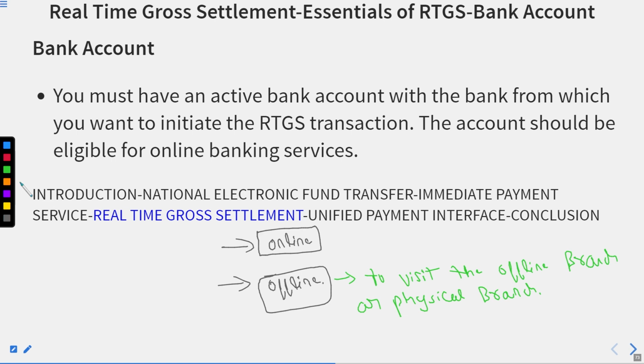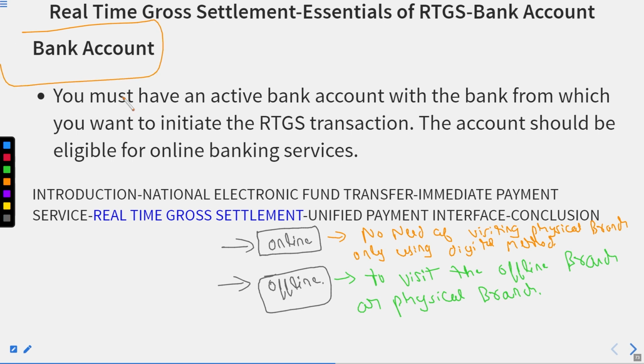But when we talk about online, it means there is no need of visiting a physical branch, only using a digital method.